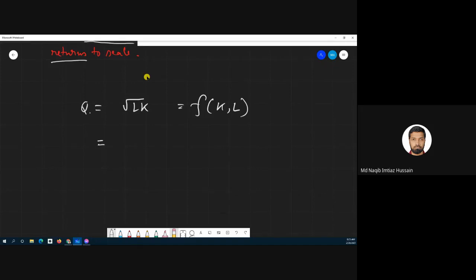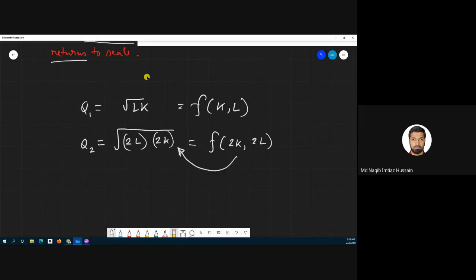Let's say this was the initial case and you want to double the input. Instead of l you input 2l, instead of k you input 2k, and the function remains the same. So as a matter of fact you are doing this 2k, 2l, and that's how you get this. What is the answer?